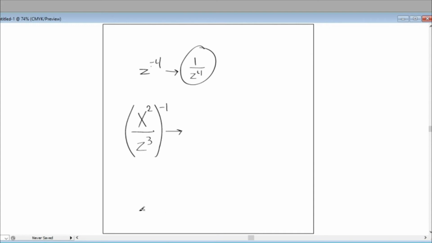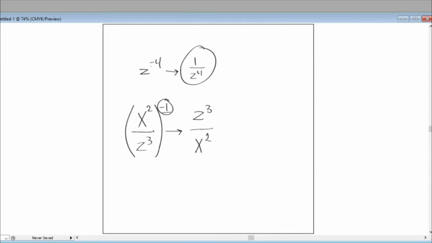Just like when we were dividing two fractions and we take the reciprocal, we're going to take the reciprocal of this thing, which just means flip it. So z to the third over x to the second. Once more, all a negative exponent means is take the reciprocal. Make this thing flip. That's all it means. Nothing else.